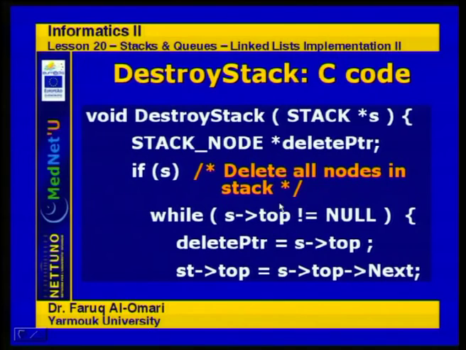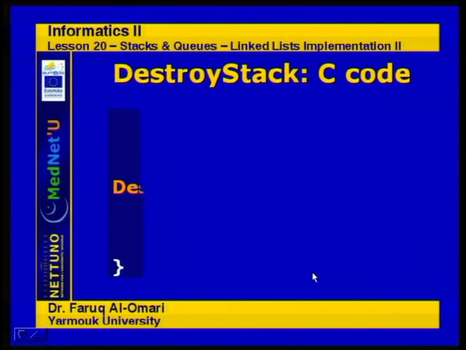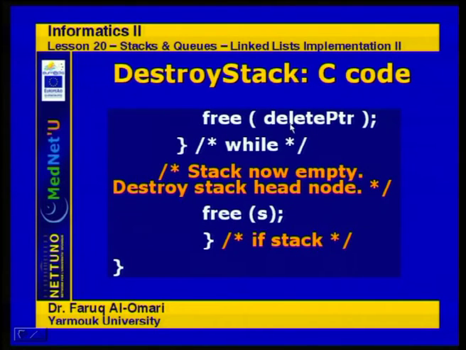So I will keep advancing this one forward each time till I reach null. Okay, but before I reach that null, I will always move this pointer to where top is pointing and then advance pointer top to point to the next entry. Okay, and then after that, free the current node pointed by PTR. Excellent.